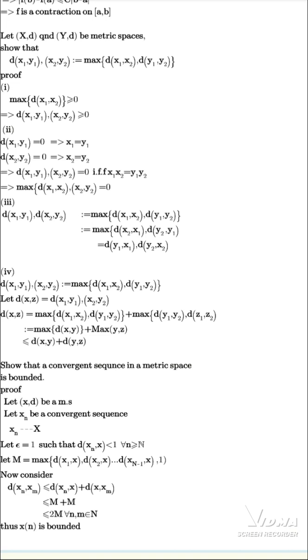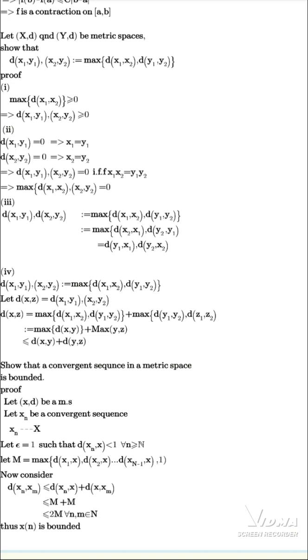So when we take the distance d(x_n, x), it is less than 1 for every value of n greater than or equal to N. So we let another M be the maximum distance of d(x_1, x), d(x_2, x), and if this keeps on going, you will see that it moves up to d(x_{N-1}, x), and the last point should be 1, because we already said that epsilon is equal to 1.